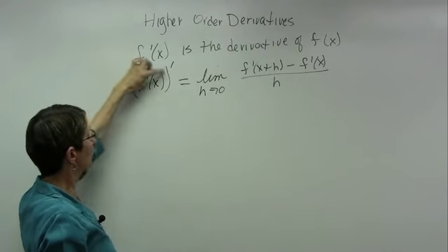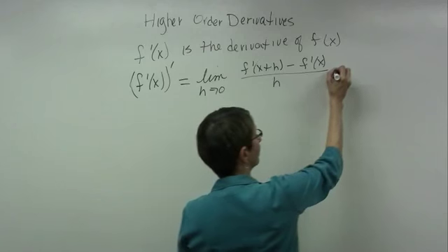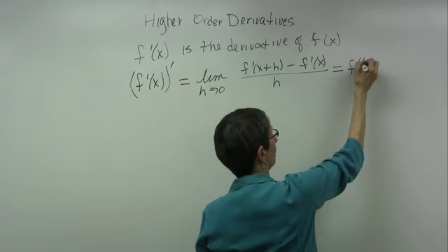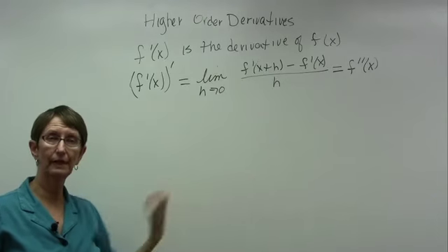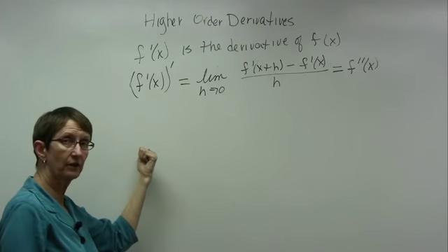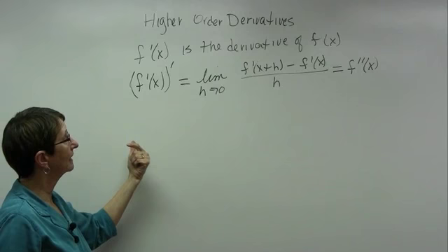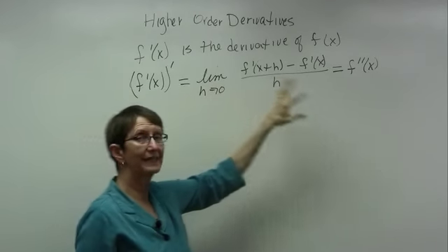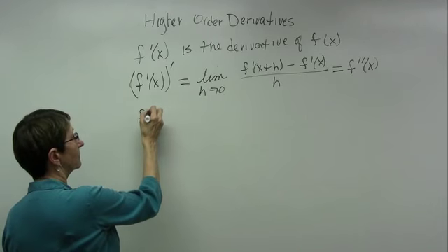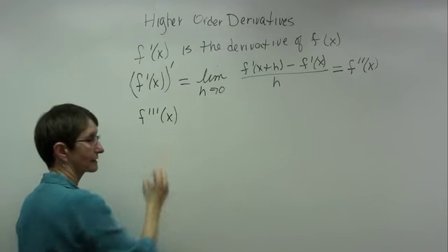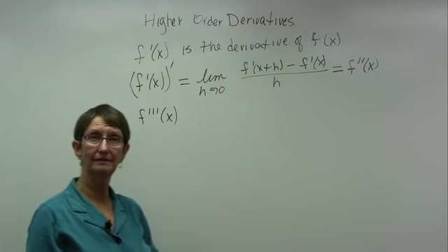So this f prime prime is actually f double prime of x. I have another function related to the derivative of the original function. You can do this with any function. I can continue and have a third derivative, f triple prime of x, and so on.